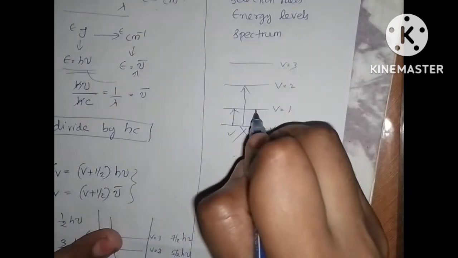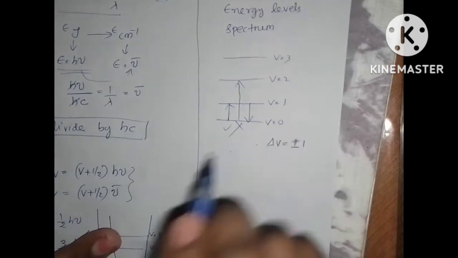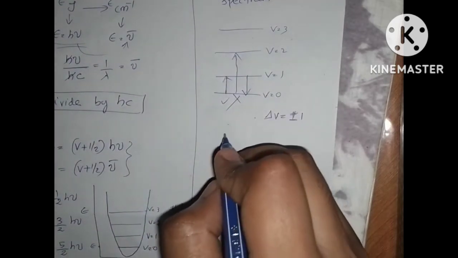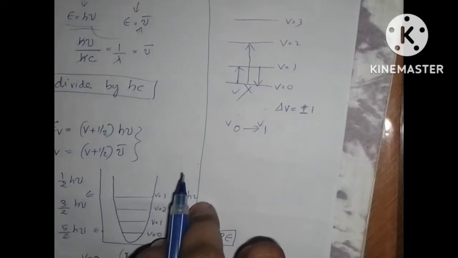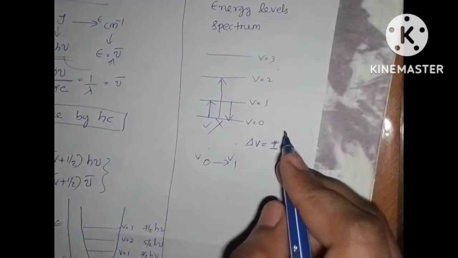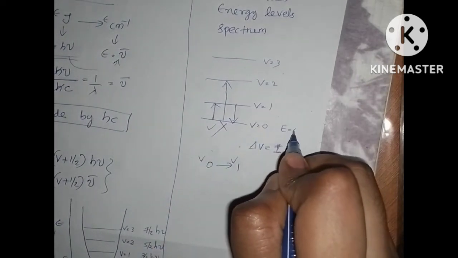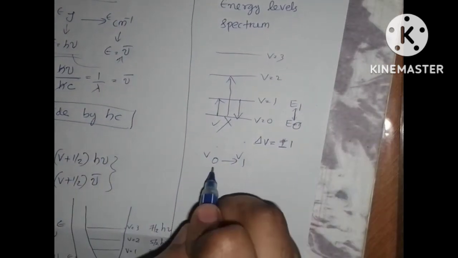And 1 to 0 back, that is plus or minus 1. 0 to 1 is possible, 1 to 0 is possible. So how can we find the energy needed for the v equal to 0 to v equal to 1 transition? For this level the energy is E0, and for this level the energy is E1. The difference between these two energy levels will be the energy needed for this transition.